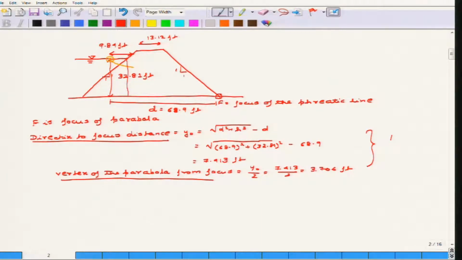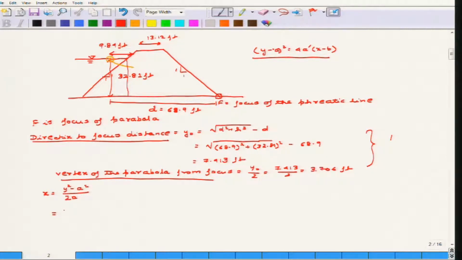So now you have to find out the xy coordinates of the basic parabola. So the x coordinate of a parabola, because we know that the equation of a parabola is generally given as y minus a whole square is equal to 4a into x minus b. So from this basic relation we can get that x equals y square minus a square by 2a.